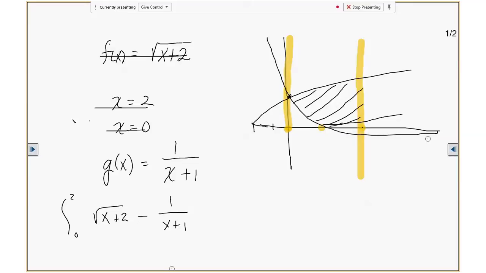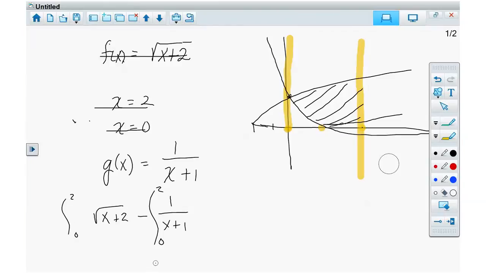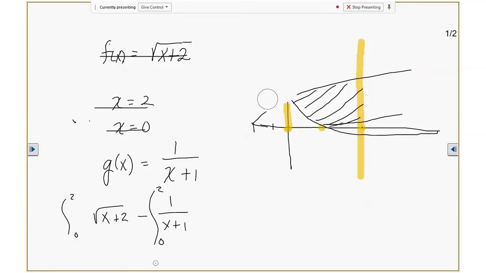Now you can bring that x plus 1 up and make it x plus 1 to the negative 1, and have this as x plus 2 to the 1/2, but is that going to do you any good? No, Hubert. Why? Because they're different bases. That's right, class. So it's not going to help you to do that. So you might as well just break it up into 2 integrals.